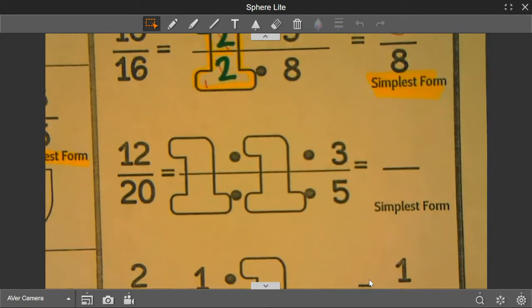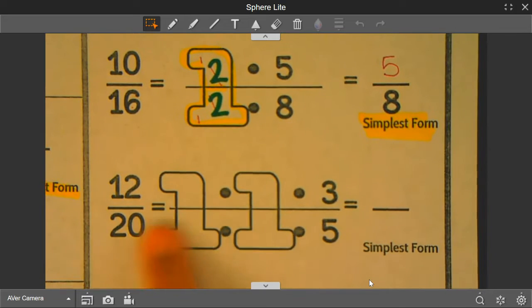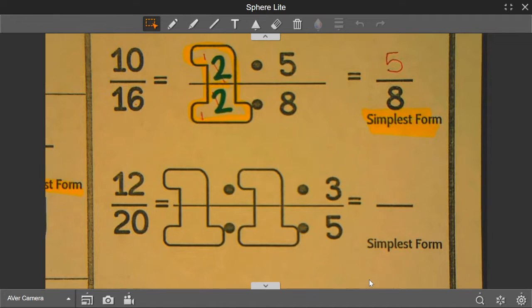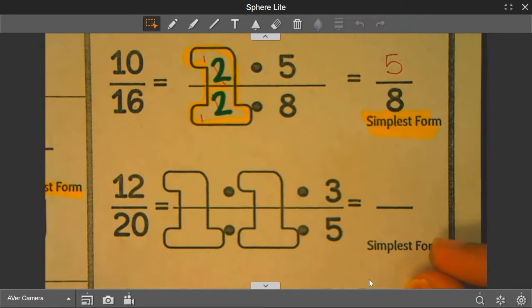All right, let's go ahead and why don't you give this one here a try? Let me give you a minute to give that one a try. All right, let's see what you guys did here.